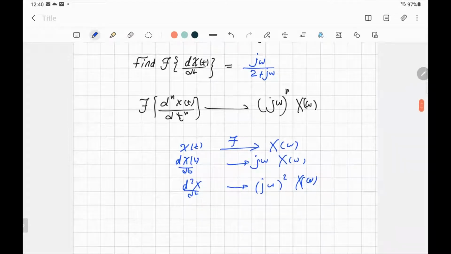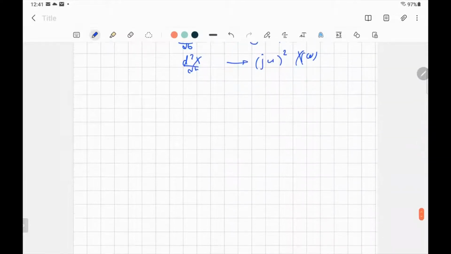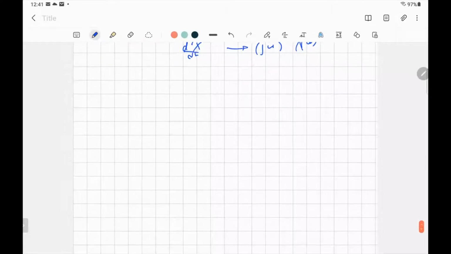So what about if you want to integrate? That's why I started the quiz. You differentiate, you multiply by j omega to the power n. What about if you integrate? That would be the rule for integration. If you have a signal x of t, its Fourier transform is X of omega.